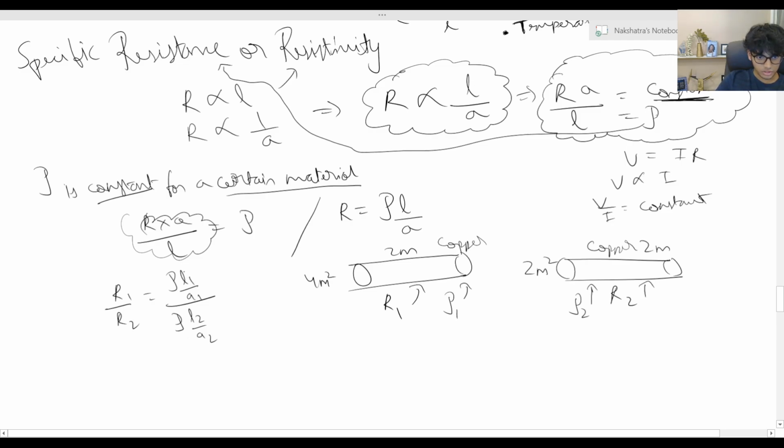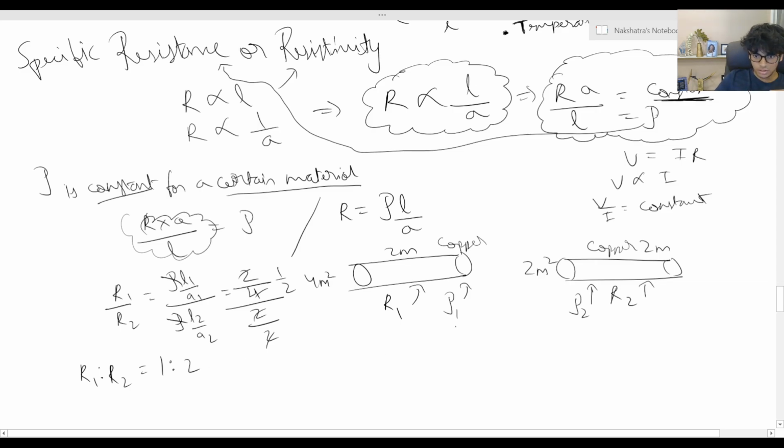We know that rho for a certain material is the same, so rho we can cancel out. Rest you have L1, which is 2 meters, upon 4 meter square, and then L2, which is also 2 meters, but this has an area of cross section of 2 meter square. Cut this, cut this, cut this, you are left with 1 upon 2. So the ratio of R1 to R2 is 1:2.